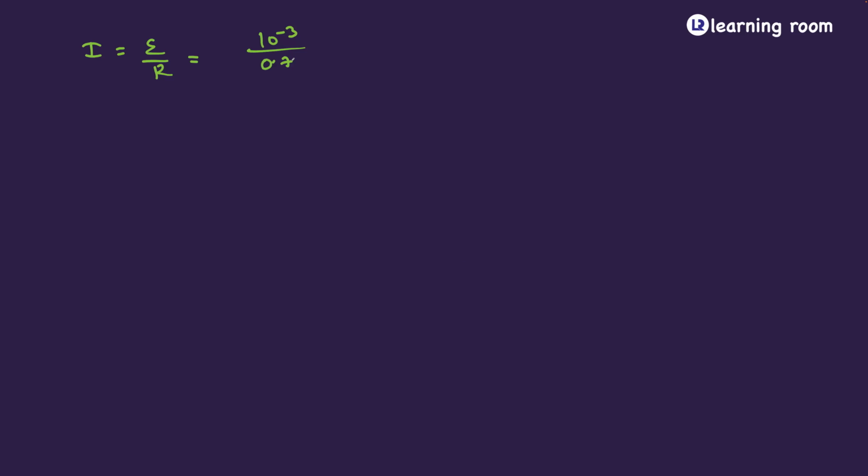But I told you 0.7 is 1 by root 2. So 10 power minus 3 divided by 1 by root 2. Root 2 will go to the numerator. So root 2 into 10 power minus 3 ampere, or it is going to be 1.414 into 10 power minus 3 ampere. Am I clear? Right. So this is your textbook problem.